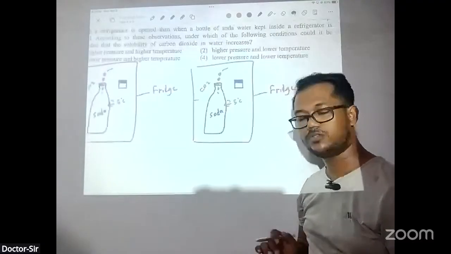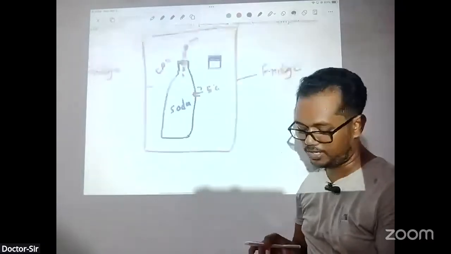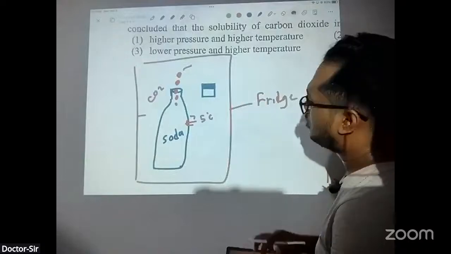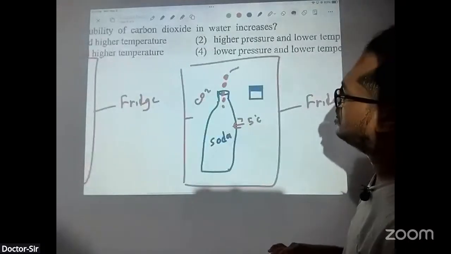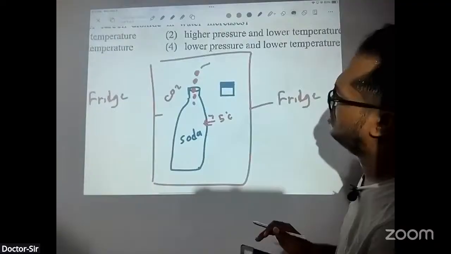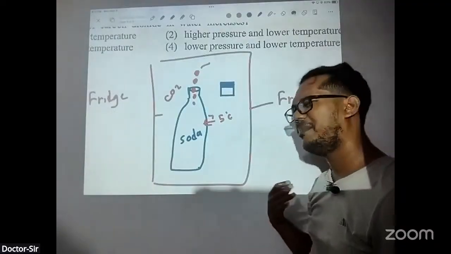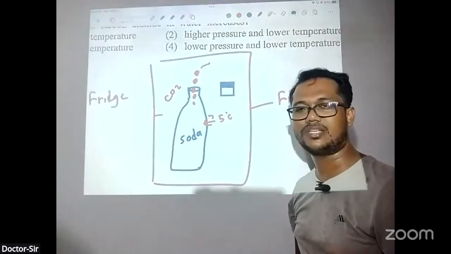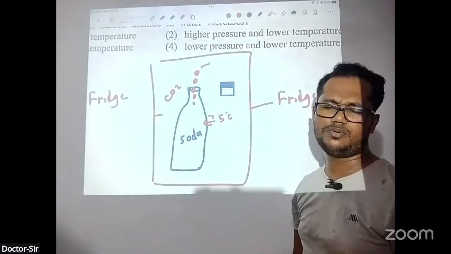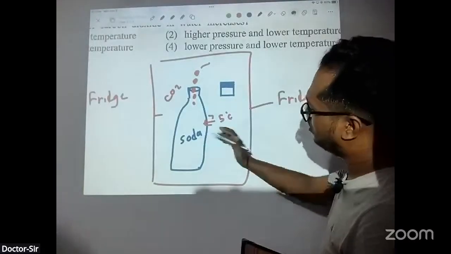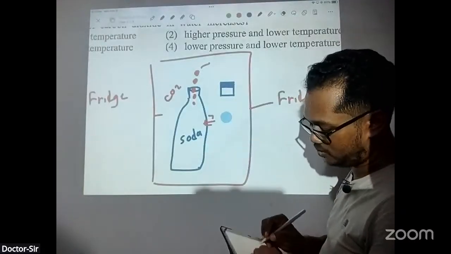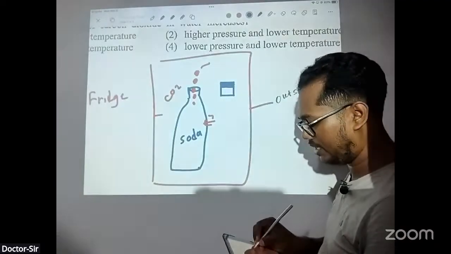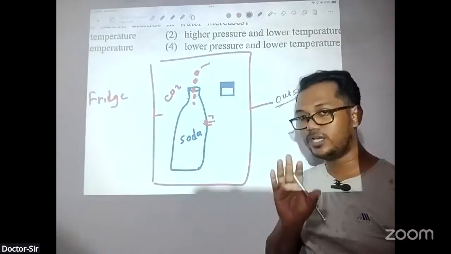So I need a cool one. You open this. Then another friend tells the uncle, give me a soda bottle from outside. I don't need the cool one. Okay, so he is going to take the outside bottle. Okay, this bottle is from the outside. I will explain this scenario with this example.